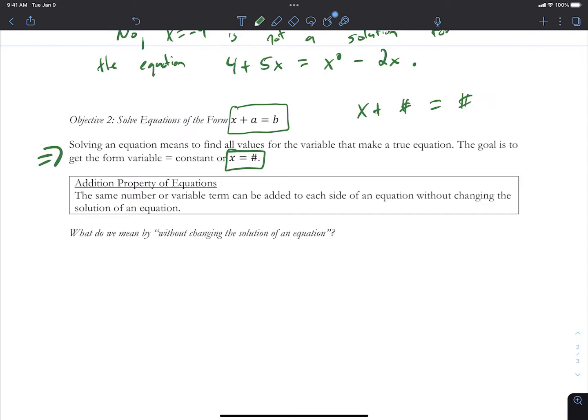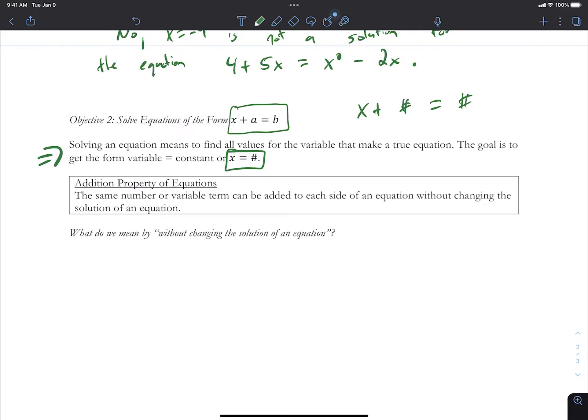And basically, what this property says is that I can add the same number or the same variable term to both sides, and that doesn't change the solution of the equation, right? In other words, it allows us to add the same thing to both sides. I kind of think of this as a game, and this is just one rule of the game.